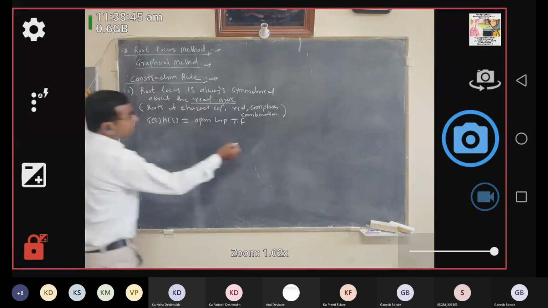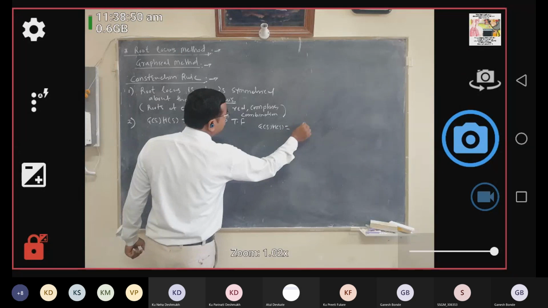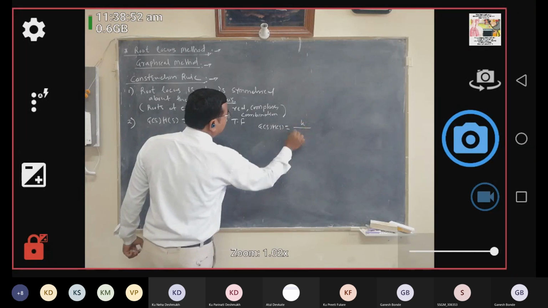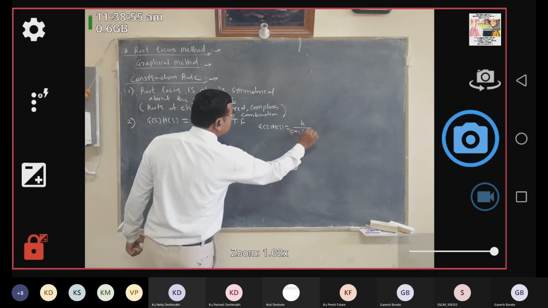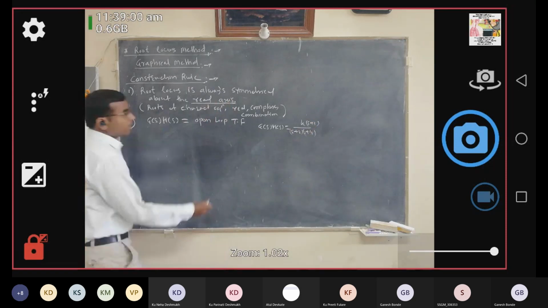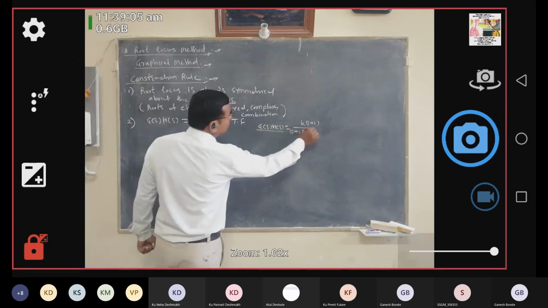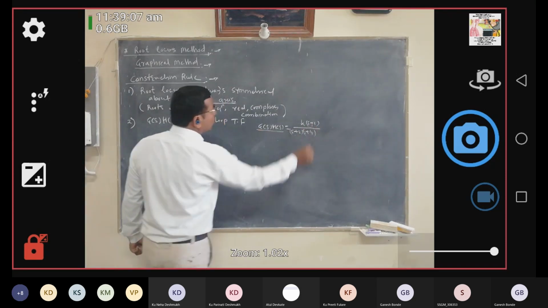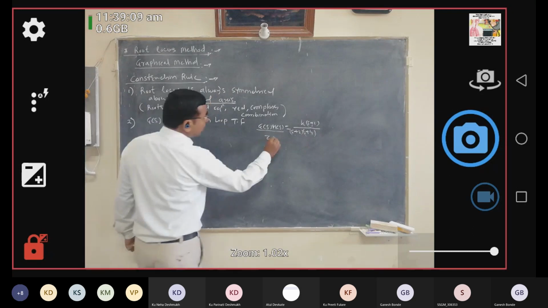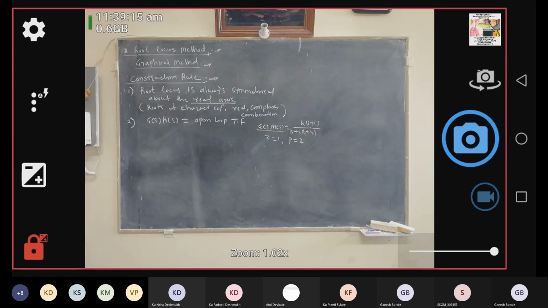Let's say an example: G(s)H(s) equals K upon (s+2)(s+4), with (s+1) in the numerator. In this case one zero is present and two poles are present, so Z is equal to 1 and P is equal to 2. We can obtain this information from the given open loop transfer function.